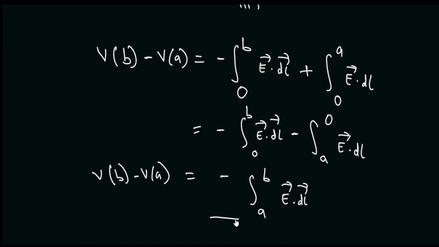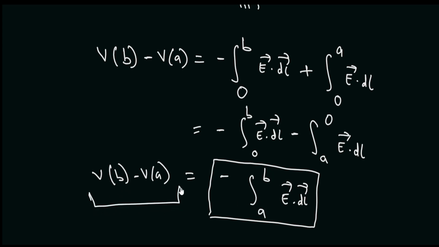Now notice that in our final answer, we don't have the standard reference point O. Therefore, we can take any point as a standard reference point, since it is the potential difference between 2 points which has a physical significance and not the potential at a point. Therefore, we normally choose infinity as a standard reference point, as I said earlier.